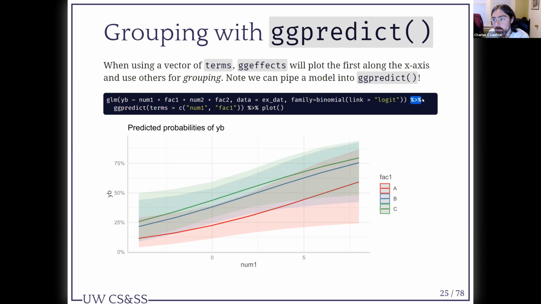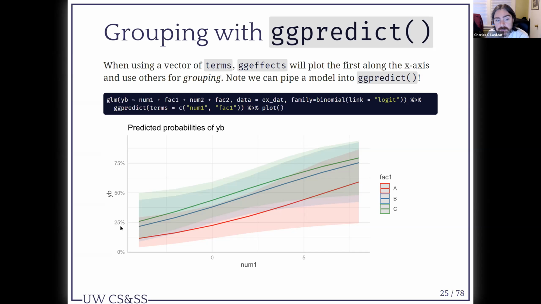I can pipe it directly into ggpredict like this, and then I can give it multiple variables. Here I'm saying I want predictions over my numeric num1 variable and my factor fac1 variable, and then I can plot my results. What I see here is the red line corresponds to factor level A, factor level B is blue, factor level C is in green. These are predicted probabilities.